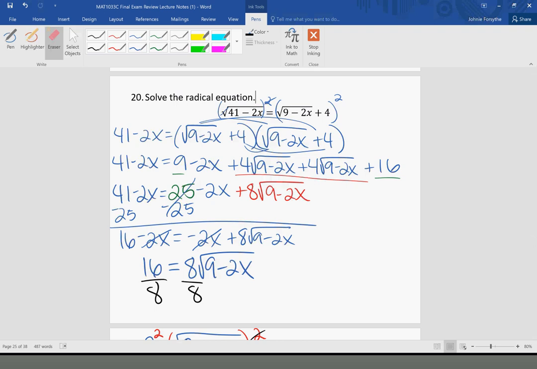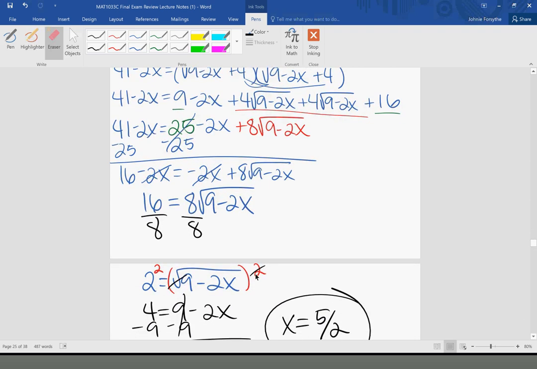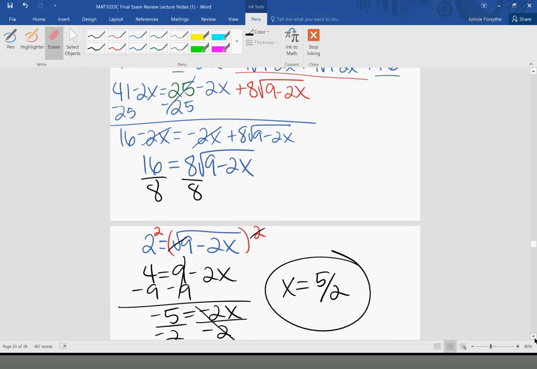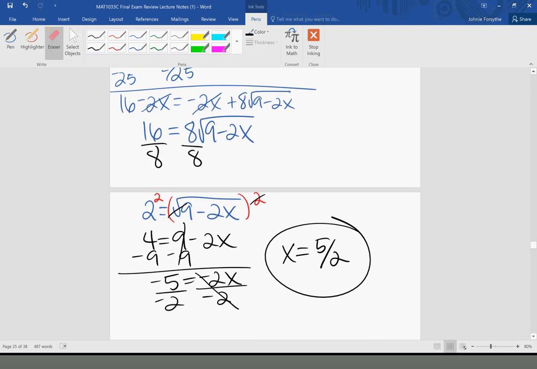So we're going to write each binomial twice and then FOIL. And that was all that work on the right, and that eventually led us to that square root being by itself. And then once we get that square root by itself, we square it to get rid of the root. And then we finally solve the equation and get x equals 5 over 2.